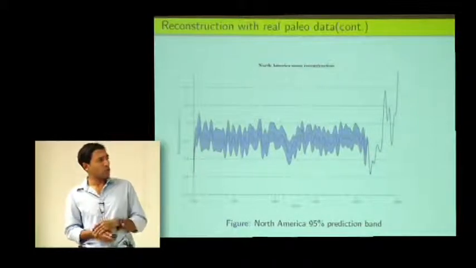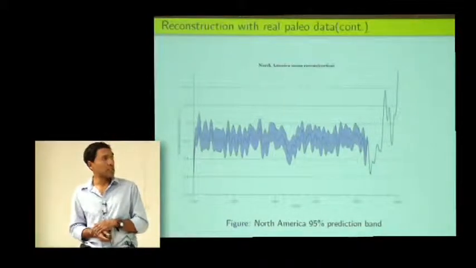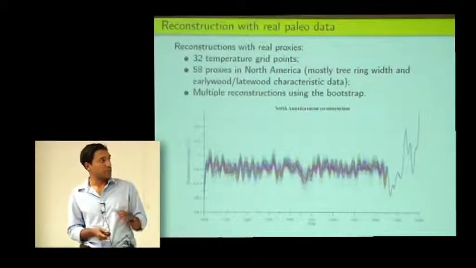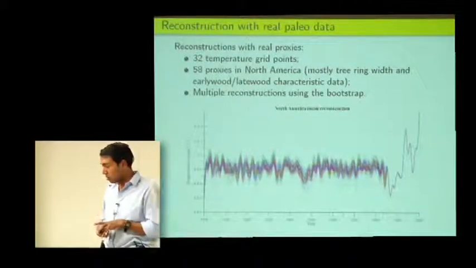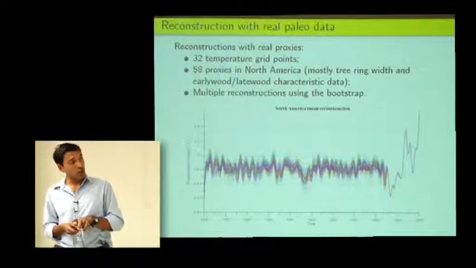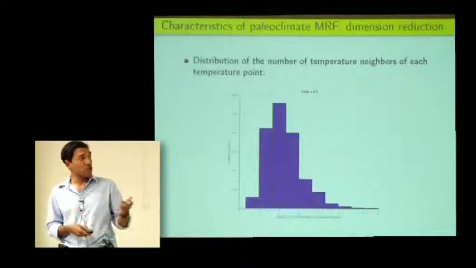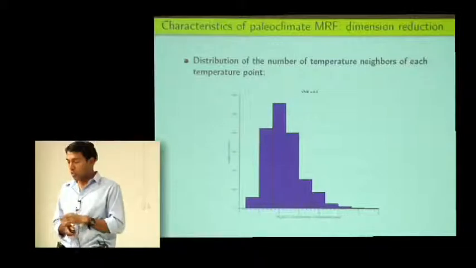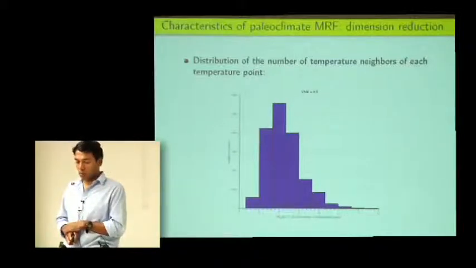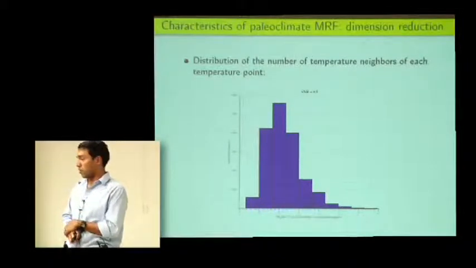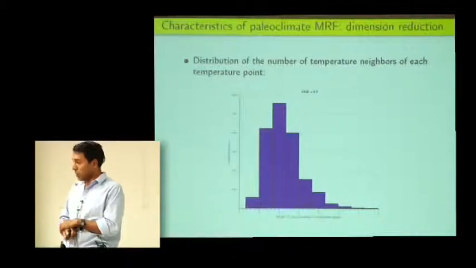There's more to this, and I won't go into it in detail because there's more statistics to explain. But just to say that there's lots of scope and potential for using these sparse graphical models or thresholded covariance or correlation matrices for modeling the spatial structure.